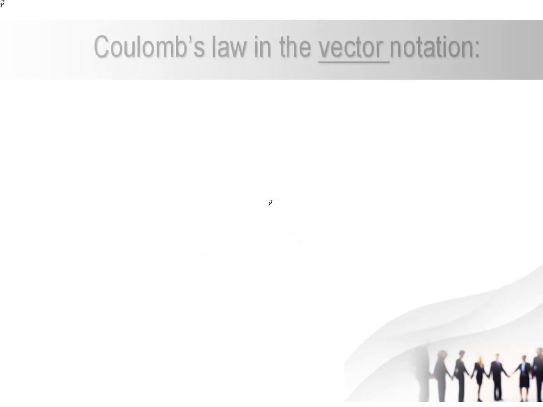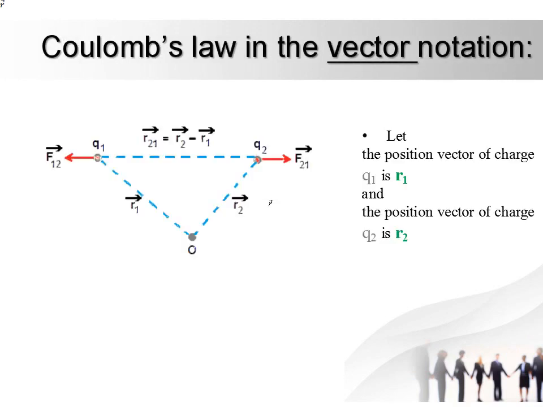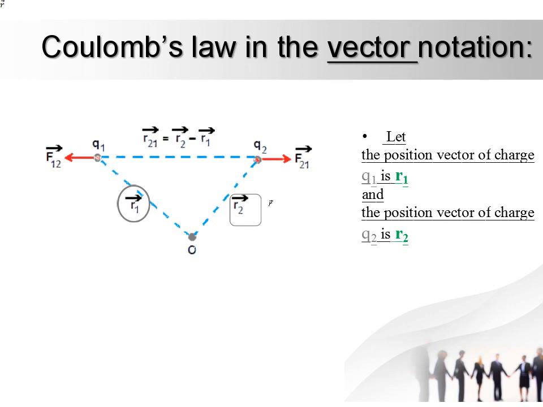Now Coulomb's law in vector notation. Let the position vector of charge Q1 be vector R1 and the position vector of charge Q2 be vector R2. You can see towards Q1 is R1 and towards Q2 is R2.